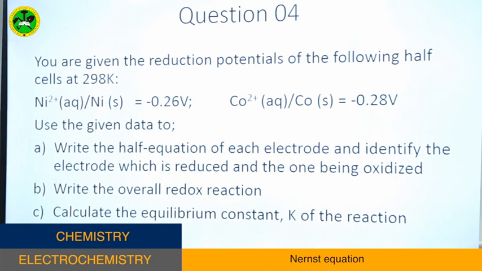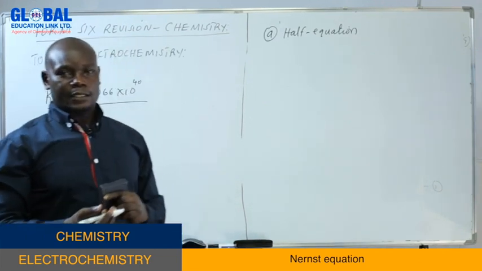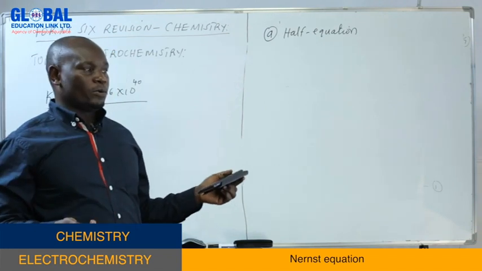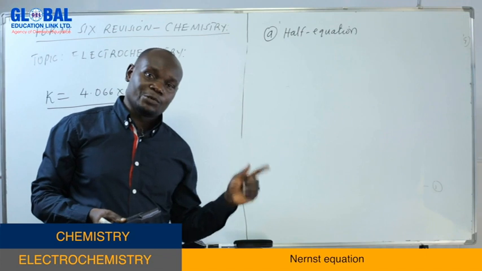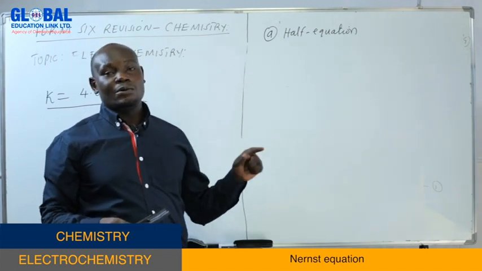So A, half equations of the cell. You have to write the oxidation half equation and the reduction half equation. So which undergoes oxidation and which will undergo reduction? The one with more negative potential is the one that undergoes oxidation, and the one with less negative is the one that will undergo reduction.